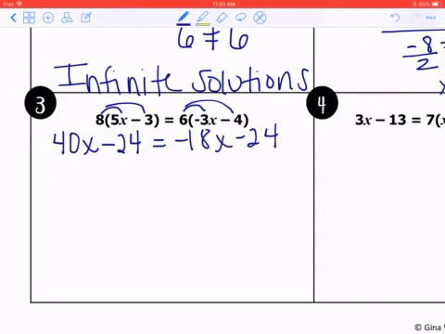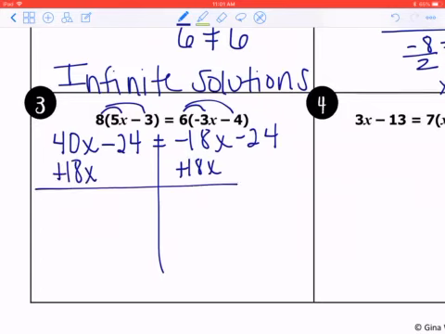We have variables on both sides, so the smaller of the two between 40x and negative 18x is negative 18x. So I'm going to add that to the other side, which gives me 58x.